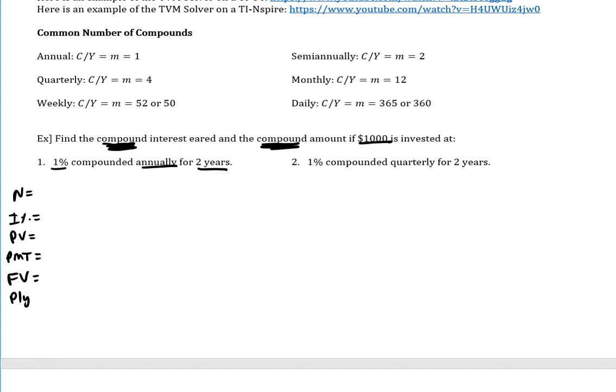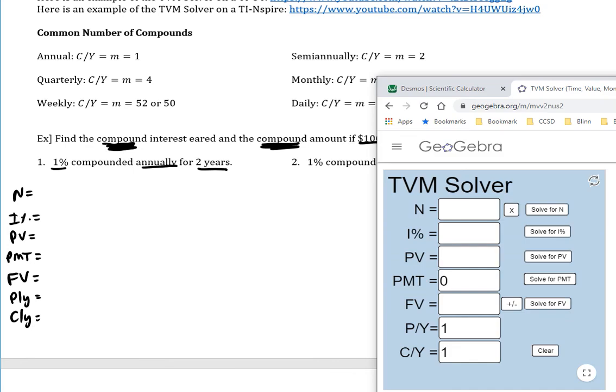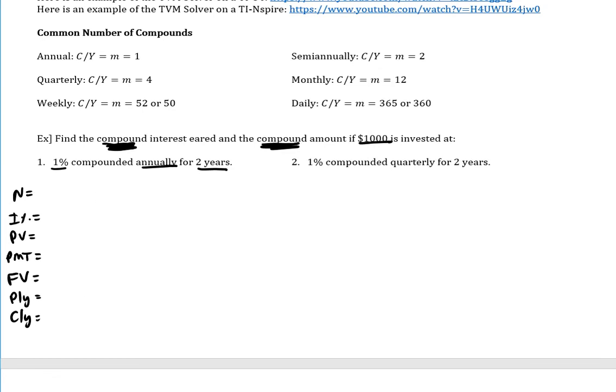And then we've got our P over Y equals, and then our C over Y equals. So I am just copying that menu, so you can't see it right now, but that's what I copied. Some of these numbers are already in there. That's fine. We can change them. I'm just leaving it blank for now. And then now I'm just going to fill in whatever's important to us in this.